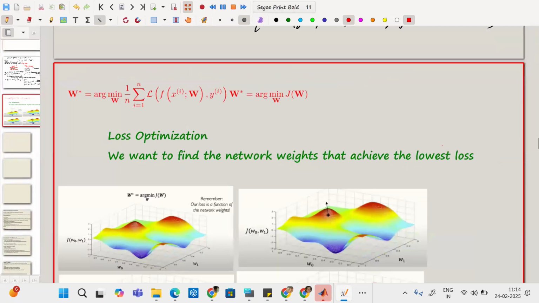Yes, you can see here. What I am doing is trying to find the network weights that achieve the lowest loss. I told you about the loss you face in deep learning. The output is something else, but you try to reach that output. If you don't reach that output, there will be some error, and that's the training error.